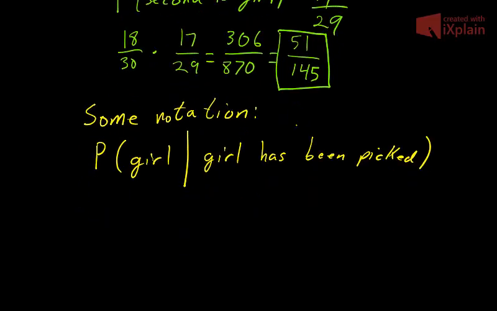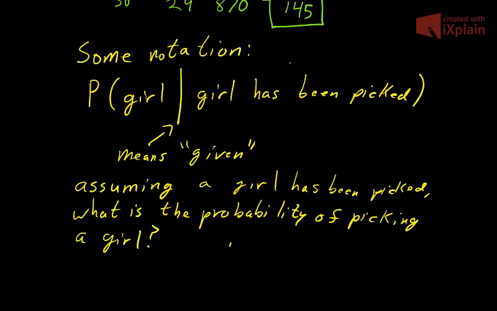This line right here means given. So assuming the second part has already happened, what's the probability the first has? Let me write that down. Looking at this parentheses, what it really means is that given that a girl's already been picked, what is the probability, this P again, that we're going to pick a girl?